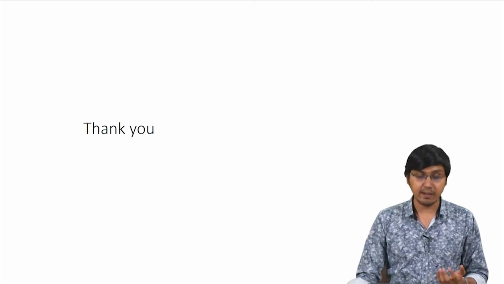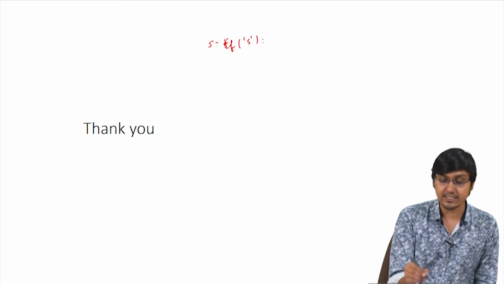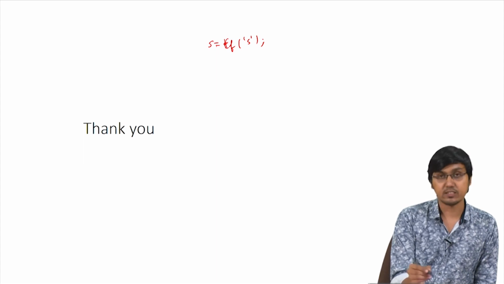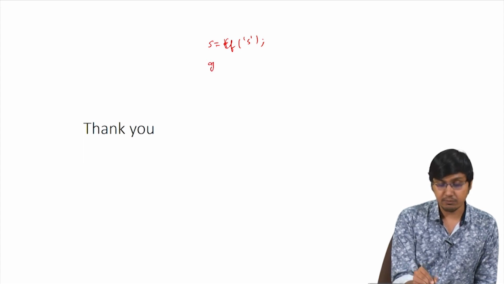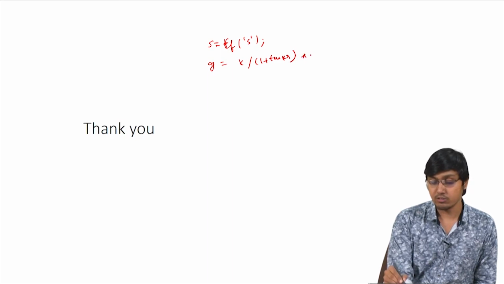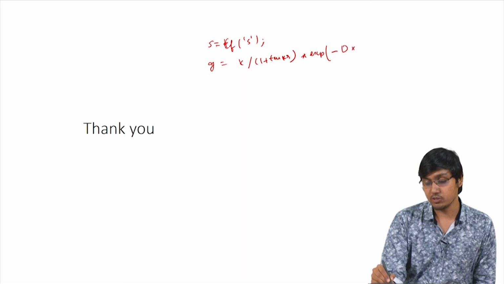In MATLAB, if you want to give time delay systems, you put s equal to tf, which tells MATLAB that you use this variable s for transfer functions, and then you write some transfer function G equal to K by 1 plus tau s, times exponential of minus d into s.